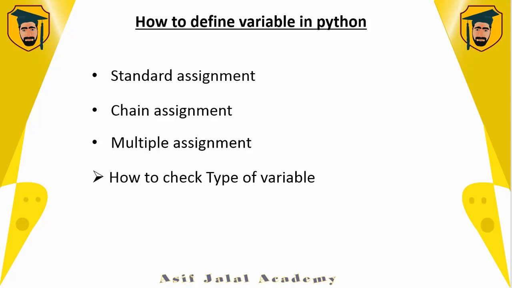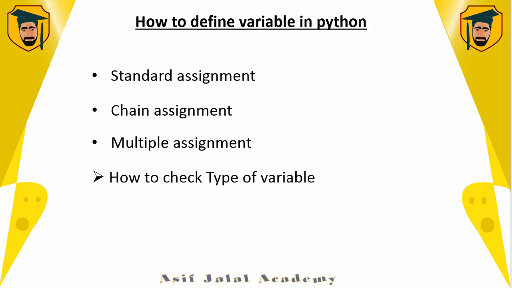But in Python, there is no need to specify the data type along with the variable name. We just assign the value to the variable, and at runtime the Python interpreter understands it automatically. That's why Python is the best choice for beginners, because you don't have to specify every time what type of data you are going to insert. You just assign the values to the variable.